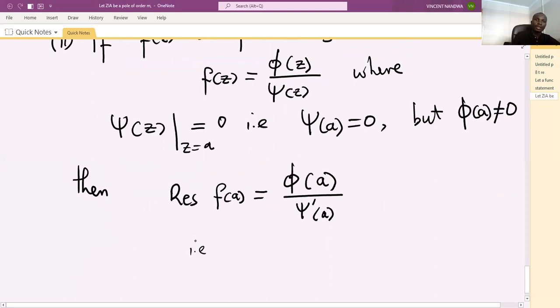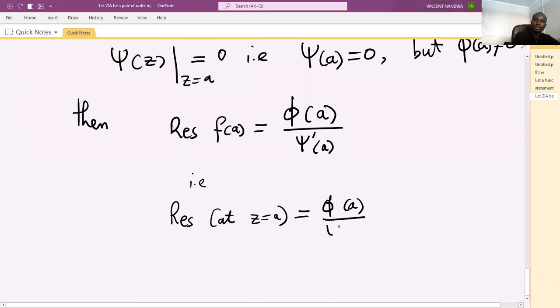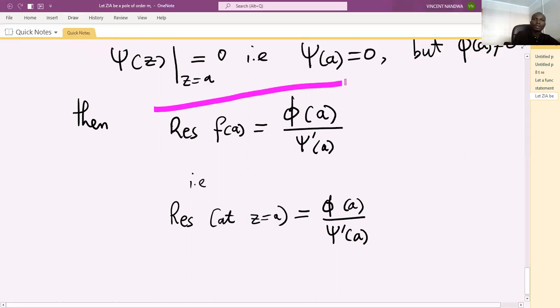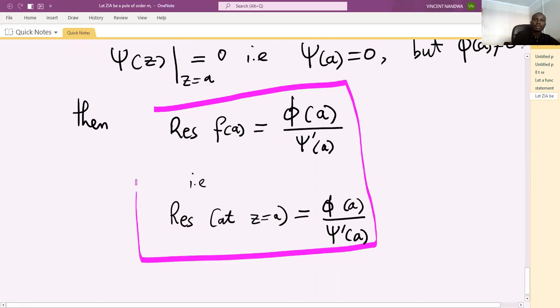Or we can write residue at z equals a is given by phi at a over the derivative of psi at the point a. So that's how we define residues of functions at simple poles z equals a.